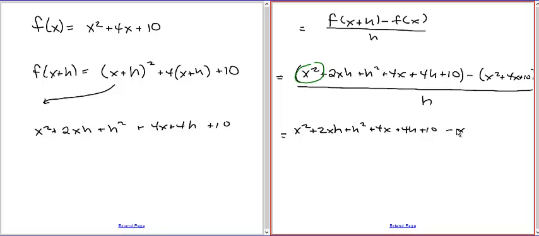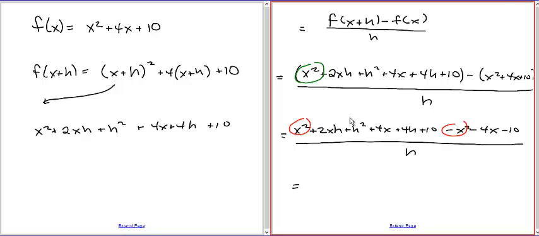So it's going to be negative x squared minus 4x minus 10. So that's this, all divided by h. So now let's circle: this cancels out with that. This term doesn't involve h, so that one cancels out with that one. And this also doesn't involve h, so that cancels out with that. So all of those go to 0, and what I'm left with is 2xh plus h squared plus 4h, all divided by h.